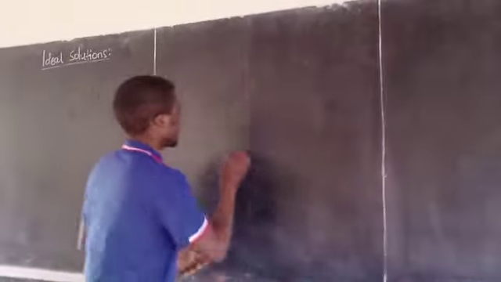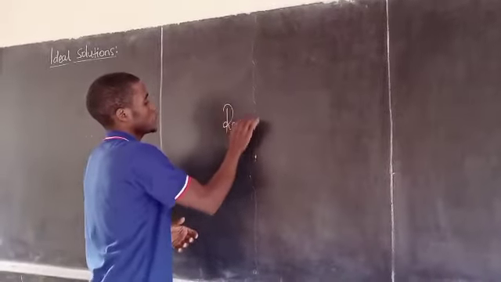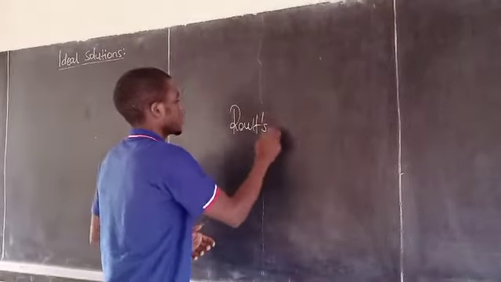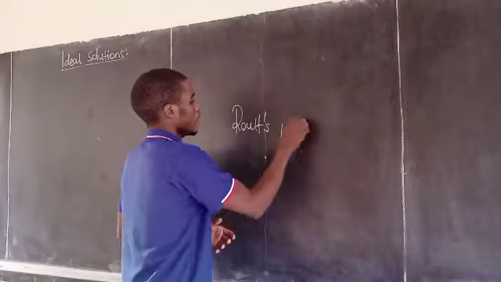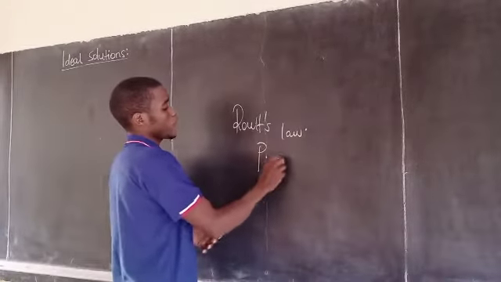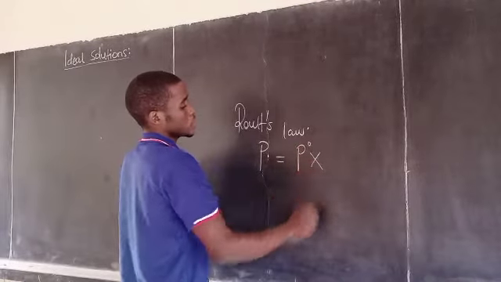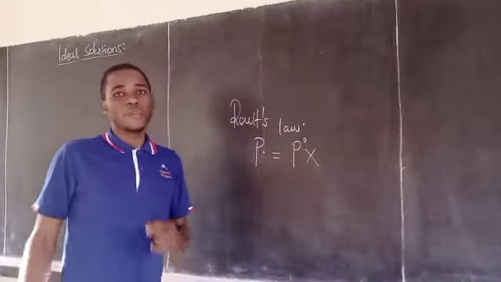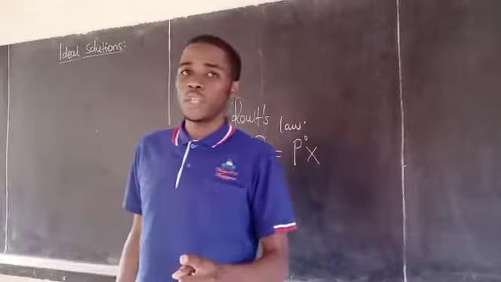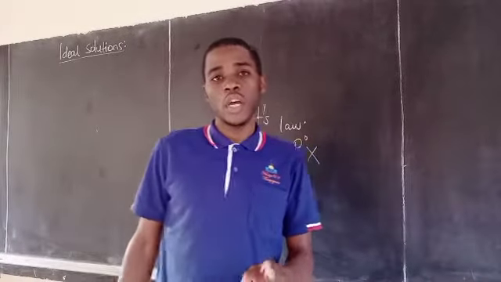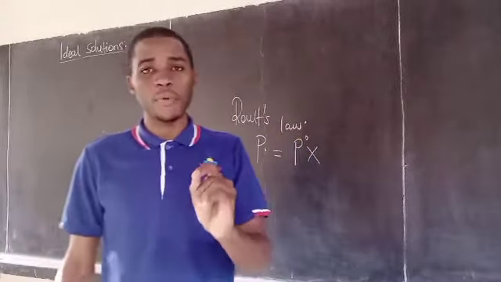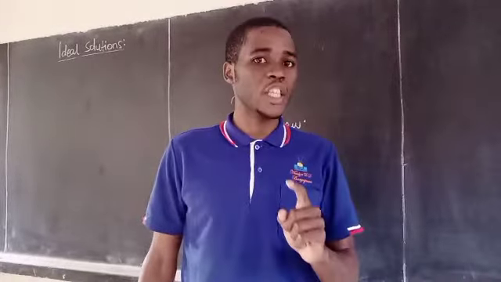Raoult's law simply states that the partial vapor pressure of a liquid is equal to the product of the mole fraction of the liquid in the solution and its vapor pressure when it is in its purest form.